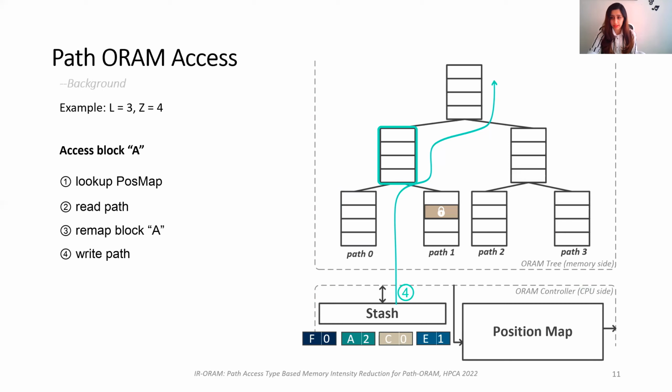There's only one candidate here, and it's block E. The bucket at the root can accommodate blocks with any path ID since all paths cross here. The new path ID of block A is 2, so it can only go here. Blocks are re-encrypted and written back to the path.